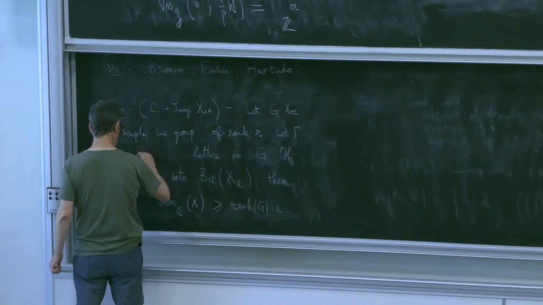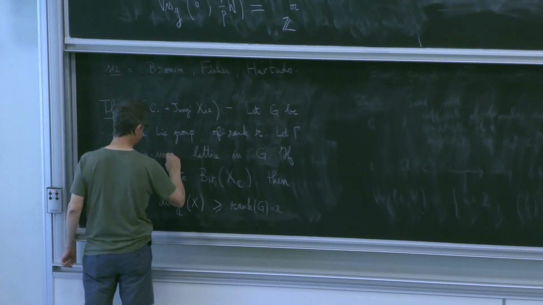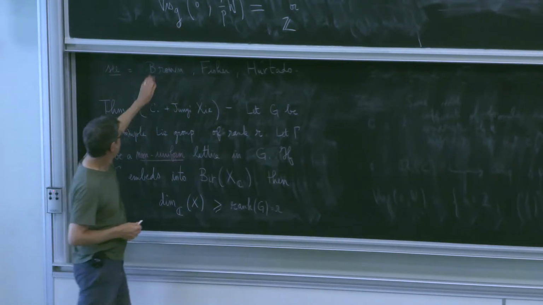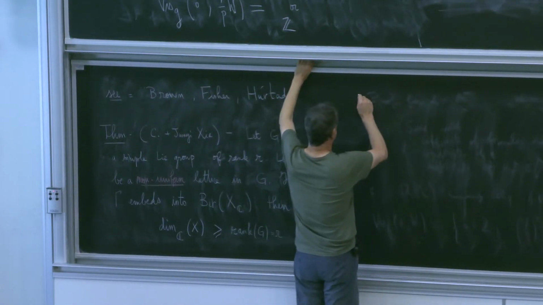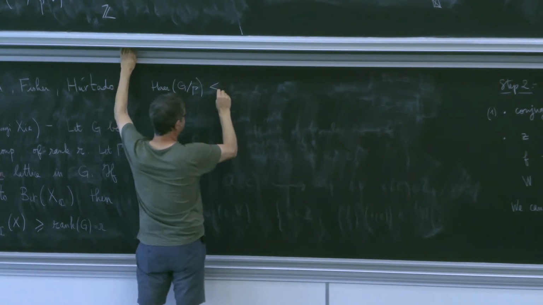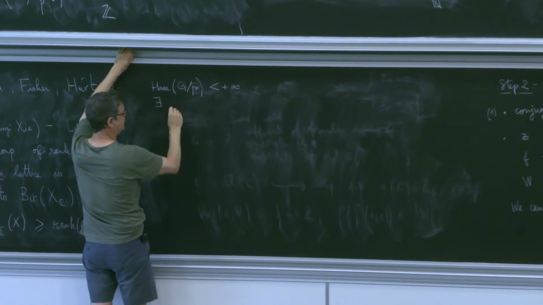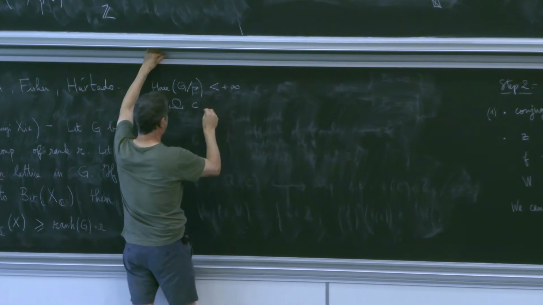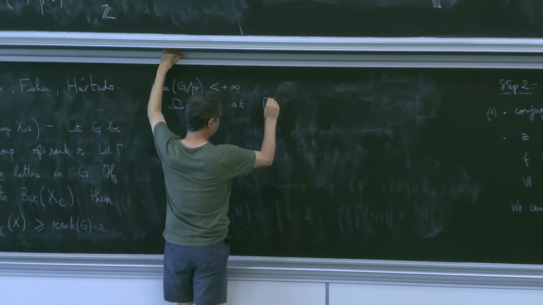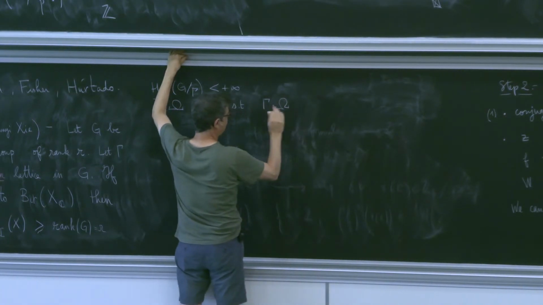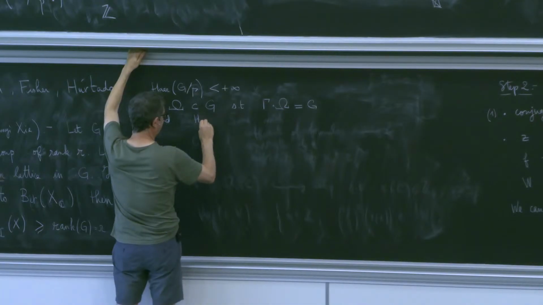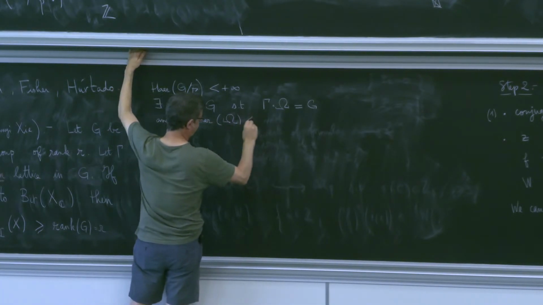Unfortunately, we prove it only for what is called non-uniform lattices, which means that we have a lattice, so G mod gamma has finite Haar measure, or if you prefer, there is a measurable set omega in G such that when you translate omega by all elements of gamma, you cover G. And the Haar measure in G of omega is finite.